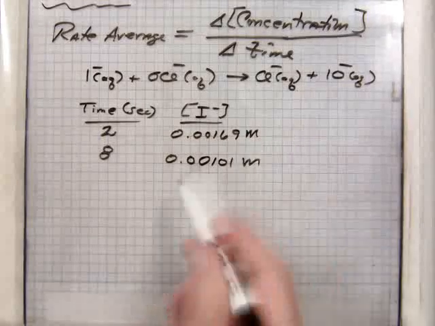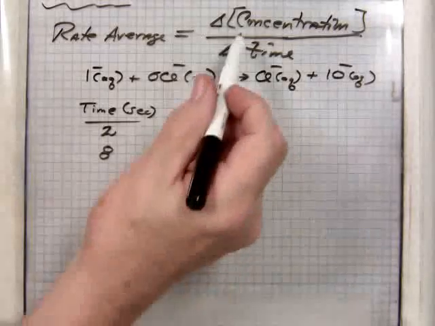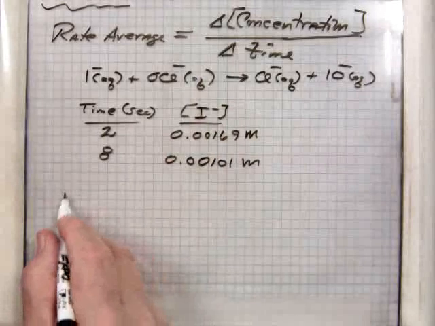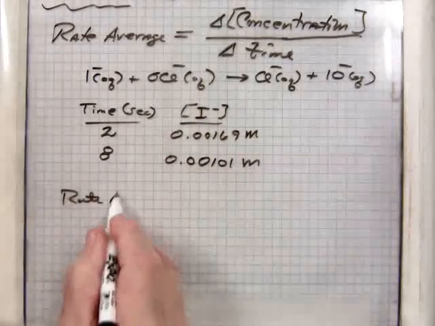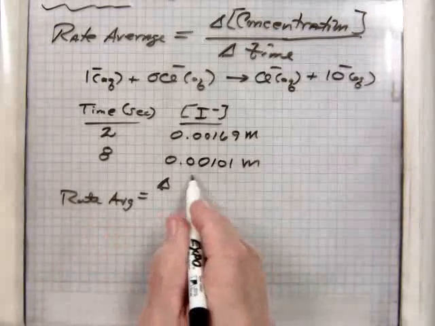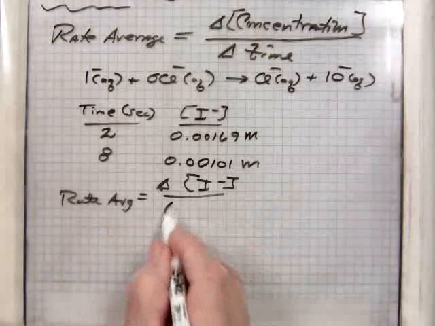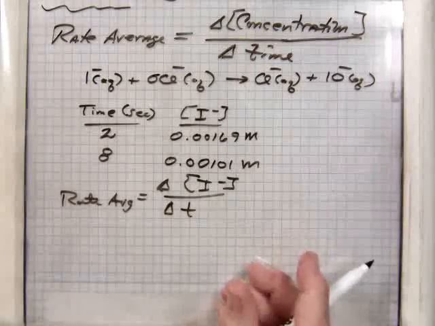So if we apply those to the definition up here, the rate average would be a change in the concentration of iodine over the change in time. That's simple.